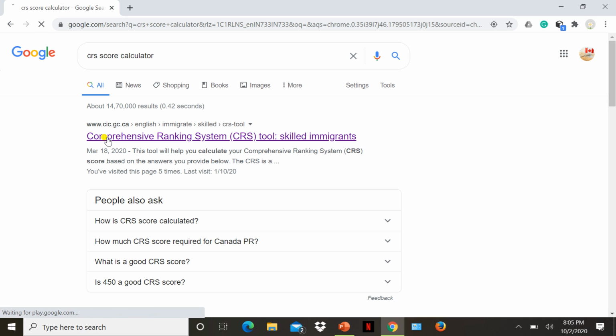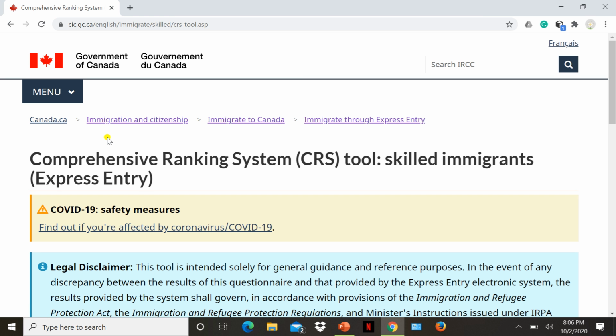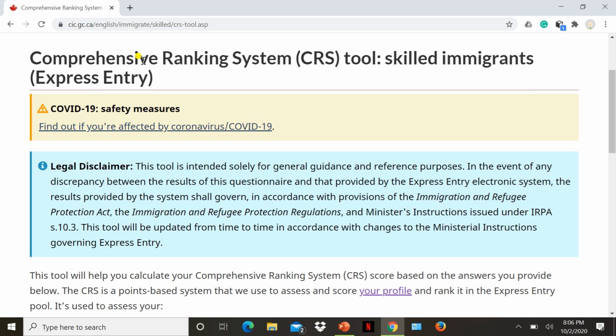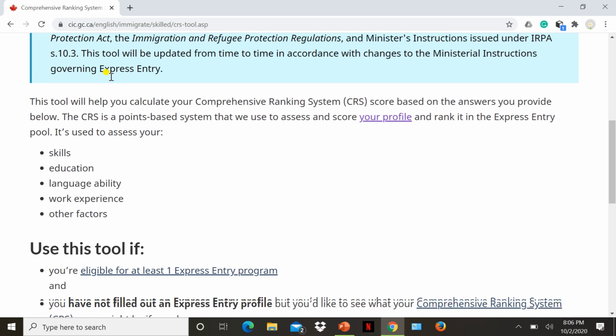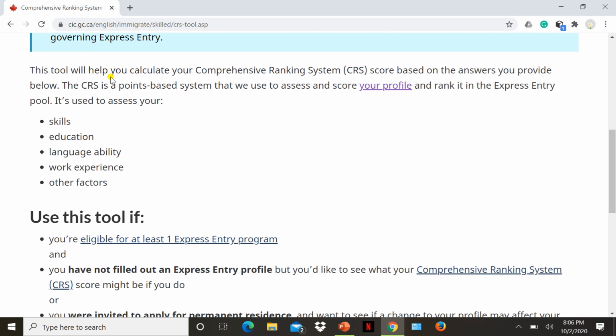Click on this and you will see the Comprehensive Ranking System tool for skilled immigrants and for Express Entry. This tool is used to assess your skills, education, language ability, work experience and other factors, and they have allocated various points for each factor.